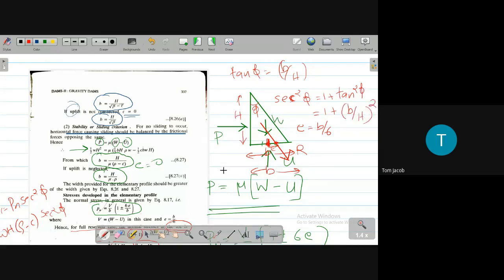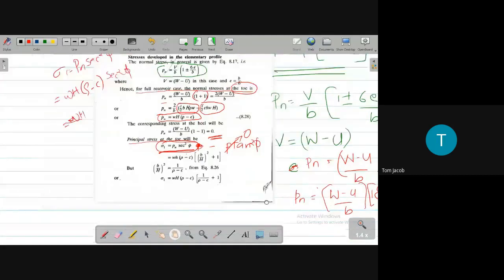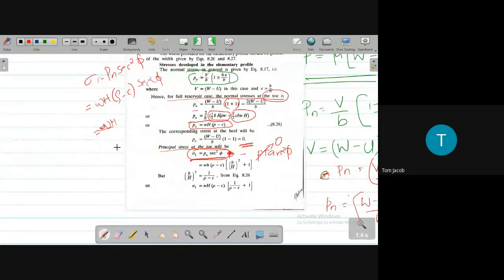Substitute that here: sigma 1 is equal to W H into (rho minus C) into sec square phi, that is W H into (rho minus C) into (1 plus (B by H) whole square). That is the equation for sec square phi in terms of B and H.